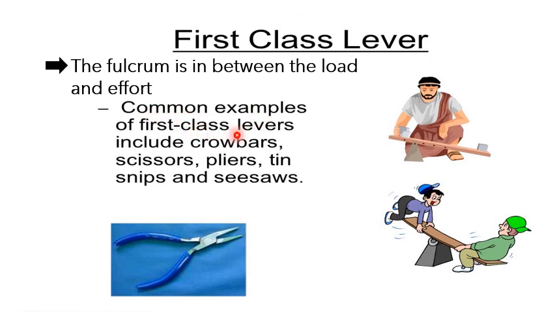Common examples are crowbar, scissors, pliers, snips, seesaw. You can see here the seesaw, the pliers, or you might have seen the scissors. So the fulcrum is in between the load and effort.